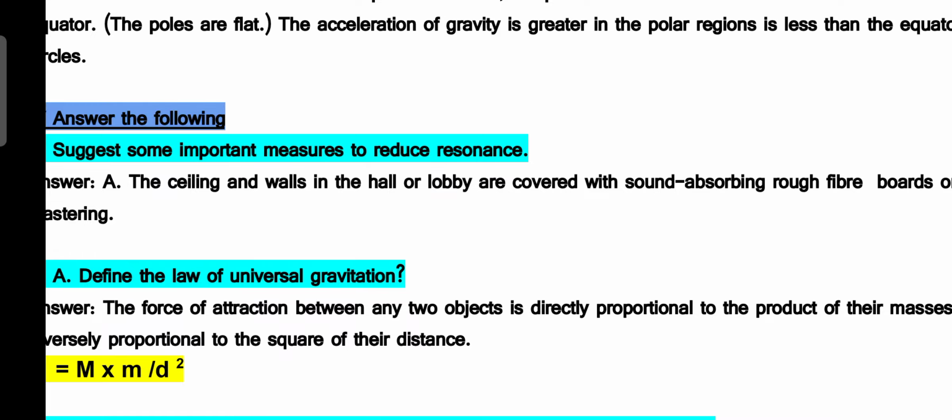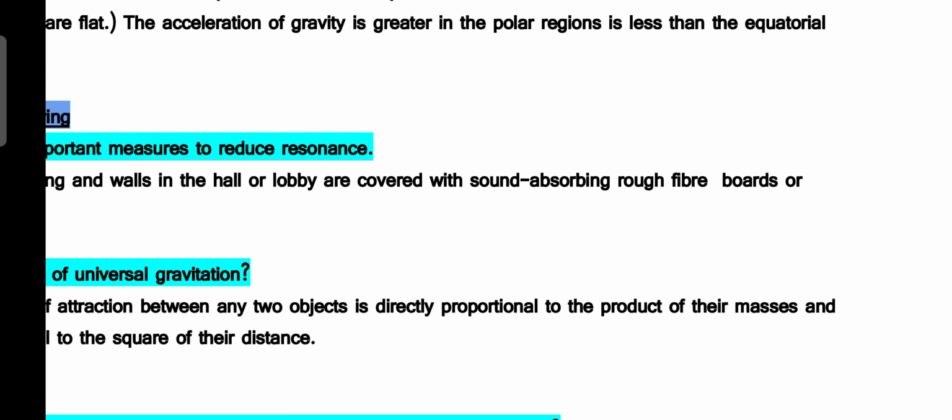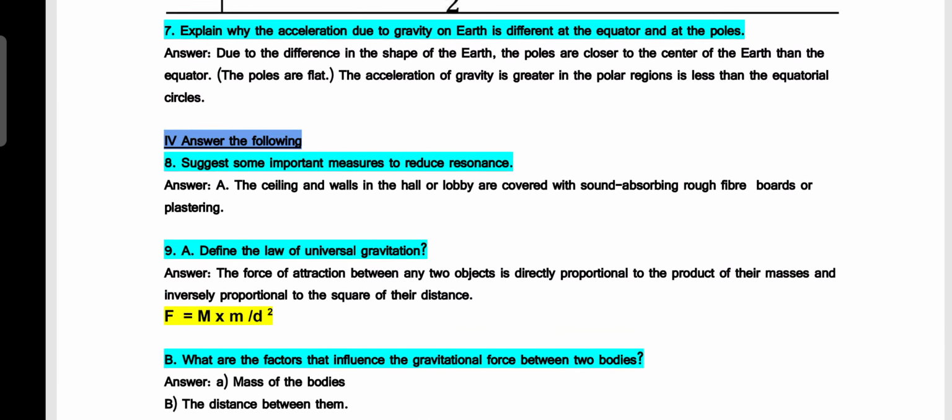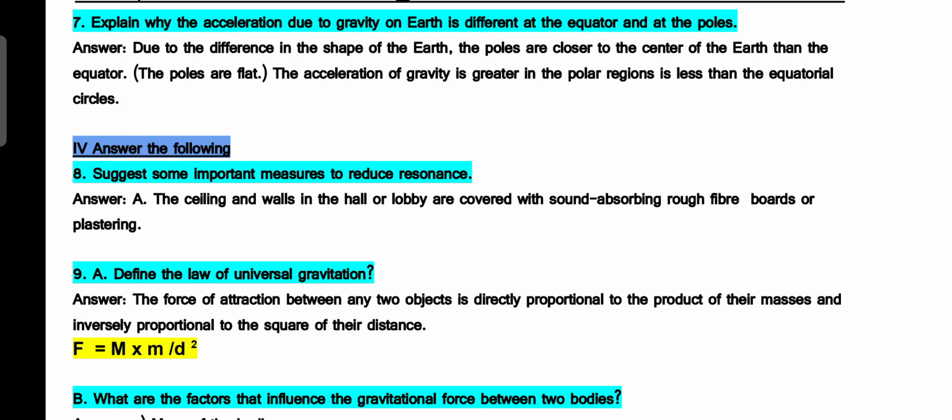So what they will do is, in big halls, cinema halls or big lobbies, you will see that the wall and the ceiling will be plastered with thick plastering materials. Maybe it is made up of some sound absorbing rough fibers, or maybe some wooden boards, or some fiber like structures.